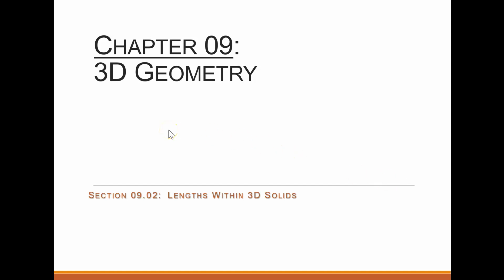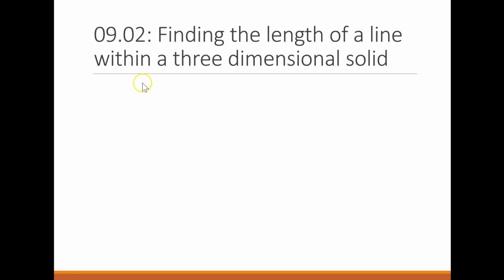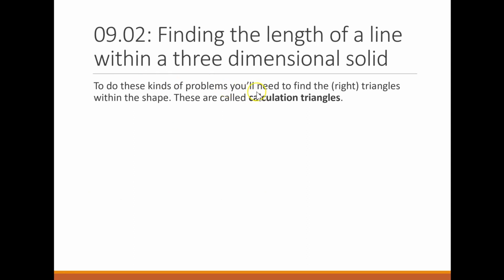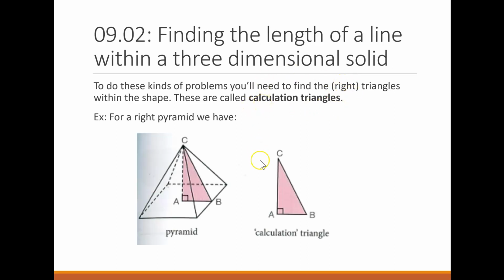All right. So the first section, we're going to be talking about finding the lengths of things inside of a 3-dimensional object. To do this, we're going to be relying on finding right triangles within that shape. We call those triangles calculation triangles. So for example, if I have a right square pyramid, I could find the triangle ABC, which is a right triangle, and I could call that a calculation triangle.